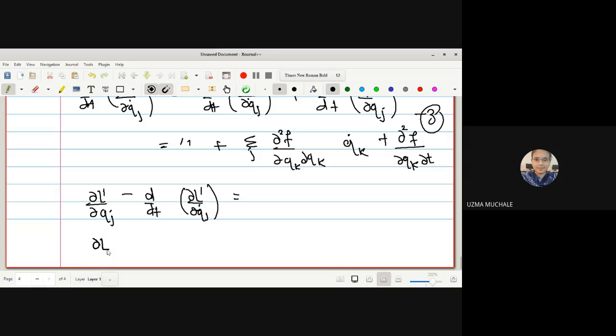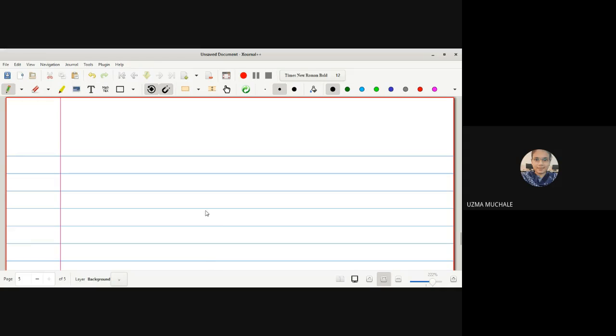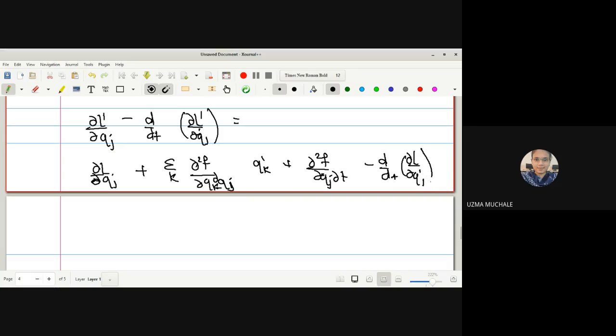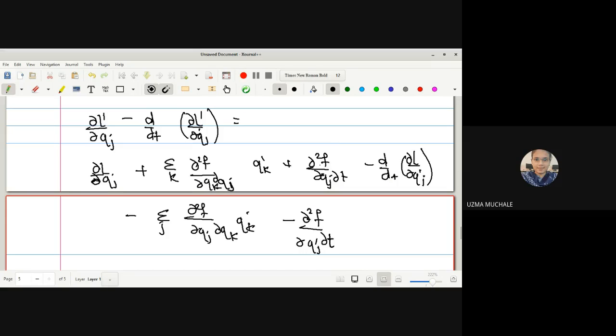Its value is equation 1 and 3: dou L by dou qj plus summation over k of dou 2f by dou qj dou qk into qk dot plus dou 2f by dou qj dou t, minus d by dt of dou L by dou qj dot, minus summation over k of dou 2f by dou qj dou qk into qk dot minus dou 2f by dou qj dou t. So this plus and minus get cancelled.